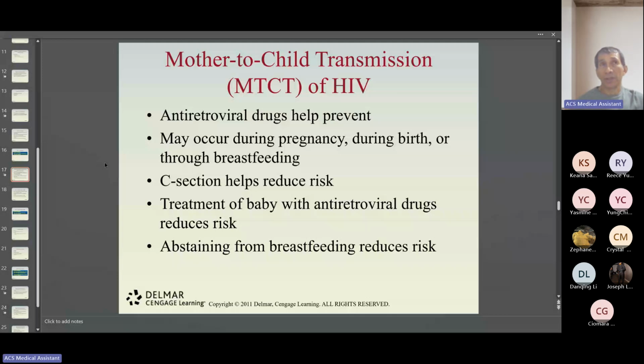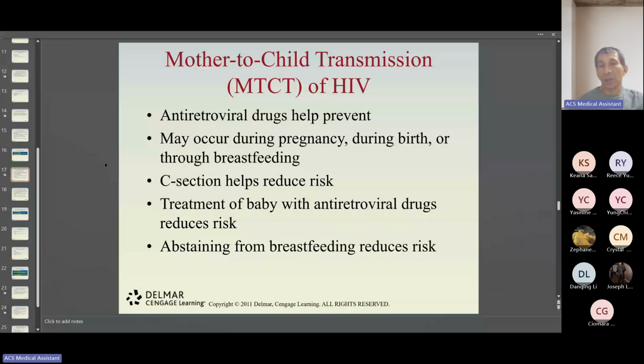So mothers that are HIV positive and pregnant are mostly recommended to get a C-section, because then the baby is not going to be exposed to the female's blood during the vaginal delivery.